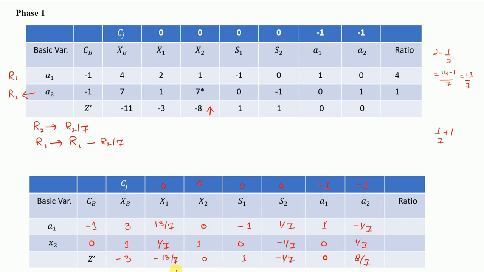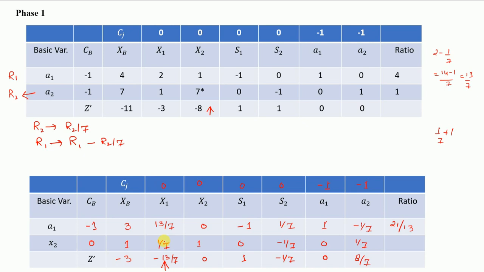Now if you see some negative values are there, it means it is not an optimal solution. So the incoming is the most negative. So this one is incoming, that is x1. Now to find the outgoing, we have to find the ratio of xb and x1, xb upon x1. So 3 divided by 13 by 7, it means we can write it 21 by 13.